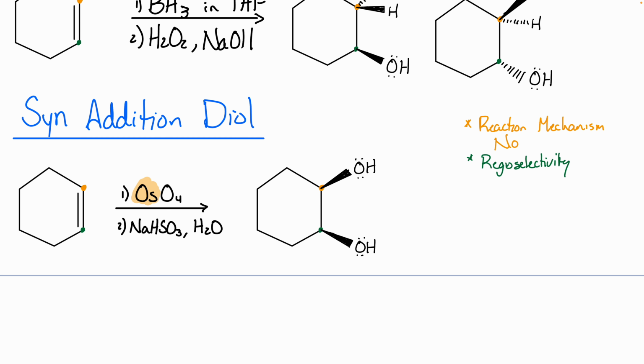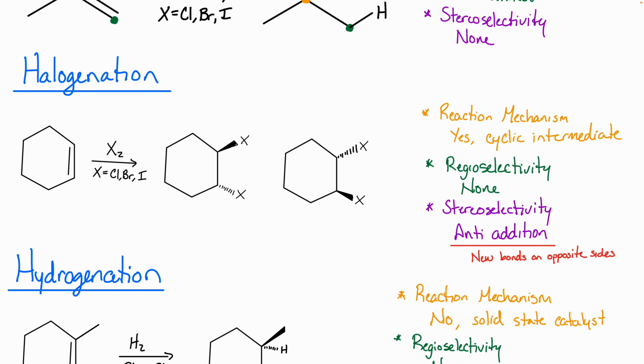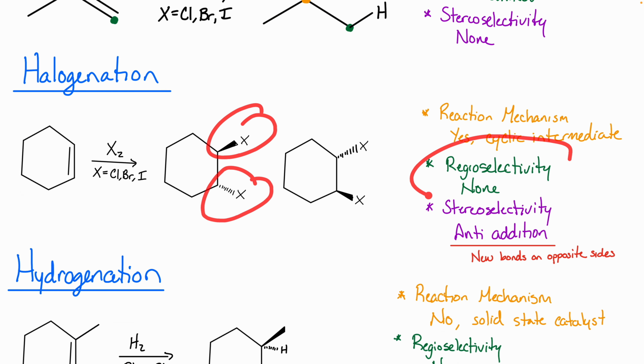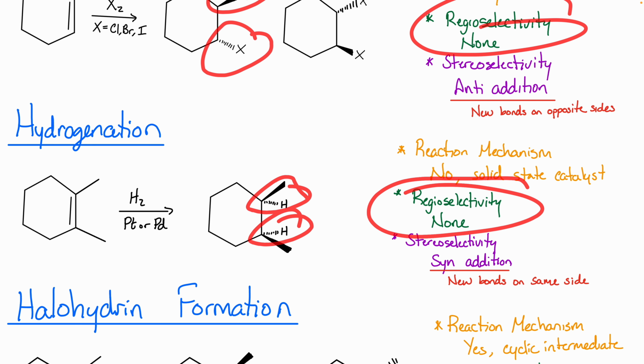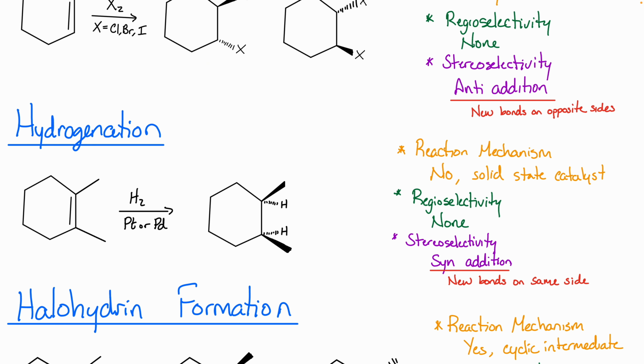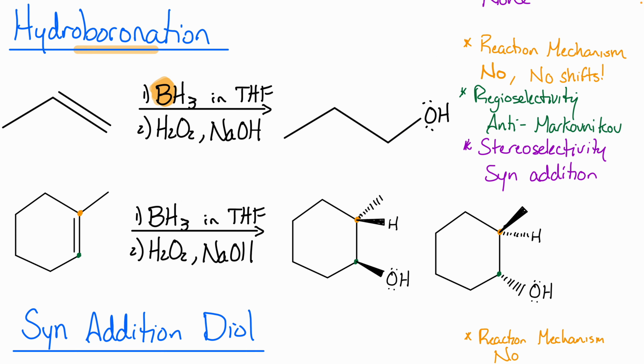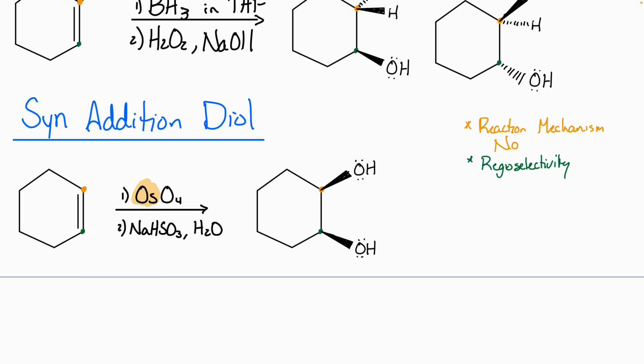In our addition reactions, halogenation, both bonds are the same, no regioselectivity. Hydrogenation, both bonds are the same, no regioselectivity. Same deal here. Both bonds are the same, no regioselectivity. But then our stereoselectivity, as we noted, is a syn addition.